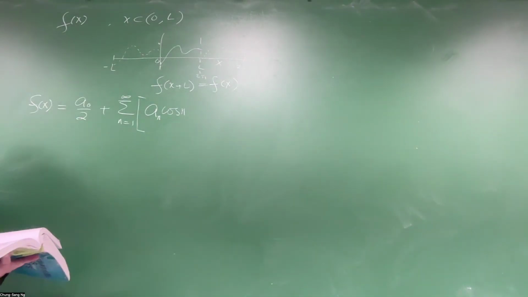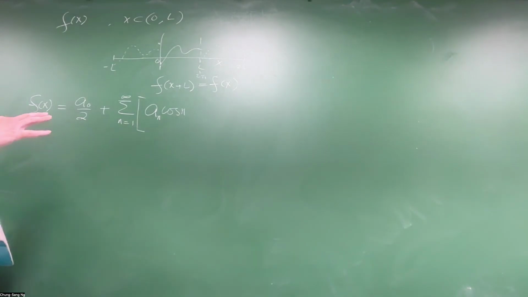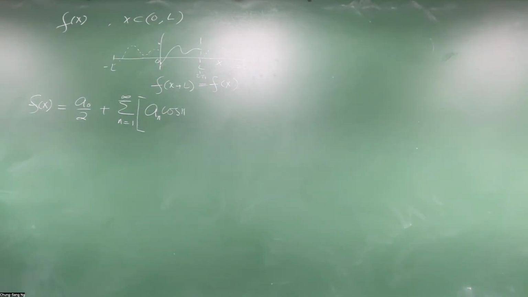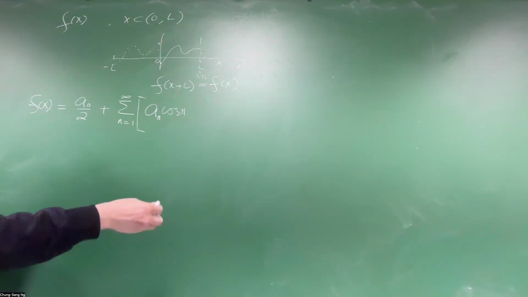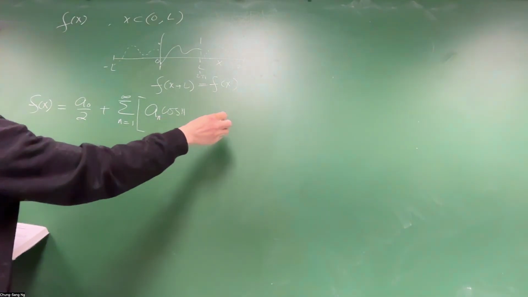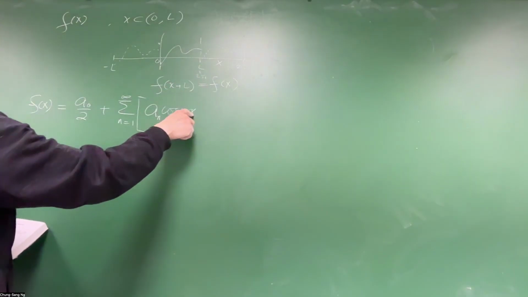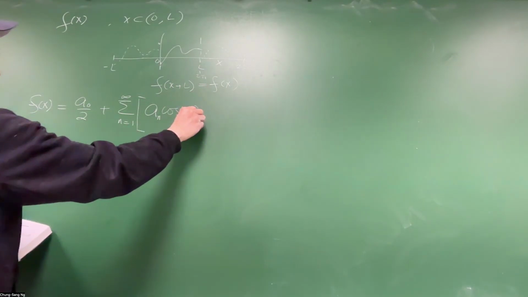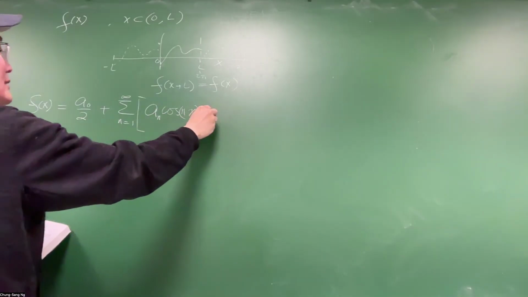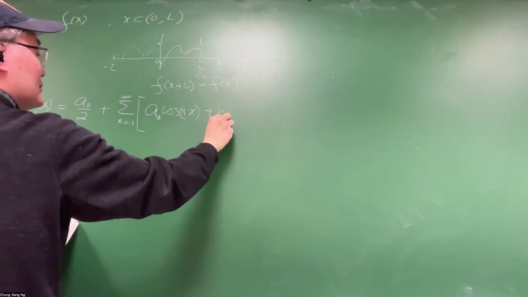Just do a scaling, and you can still use this formula, or you can write down the explicit formula for a period 0 to L or 0 to 2L. That is not difficult. In this case, because the period is 2 pi, explicitly this is cosine nx, and you have the sine term.